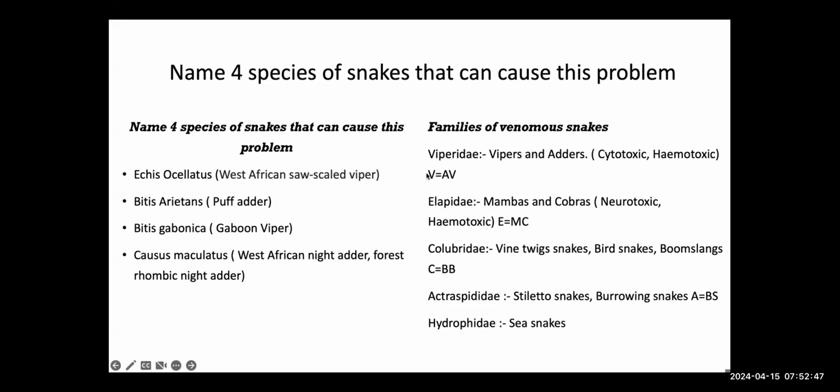Now, on the management of snake bite venoms, we must first of all know whether it is venomous or non-venomous, either from the history or clinical findings. But more importantly, we must be readily handy with the 6 A's of snake bite management.